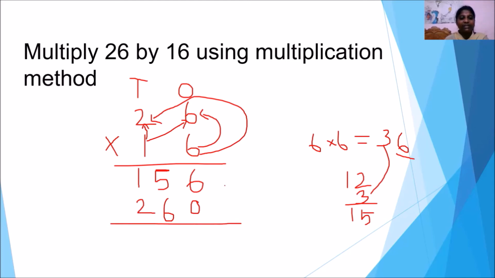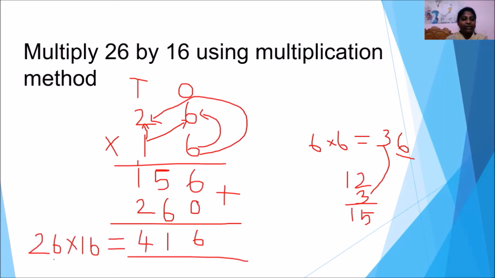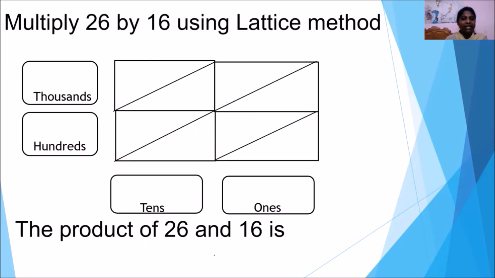The next step is you have to add these numbers. 6 plus 0 is 6. 5 plus 6 is 11. 1 should be the carry. 1 plus 1 is 2. 2 plus 2 is 4. The product of 26 and 16 is 416.